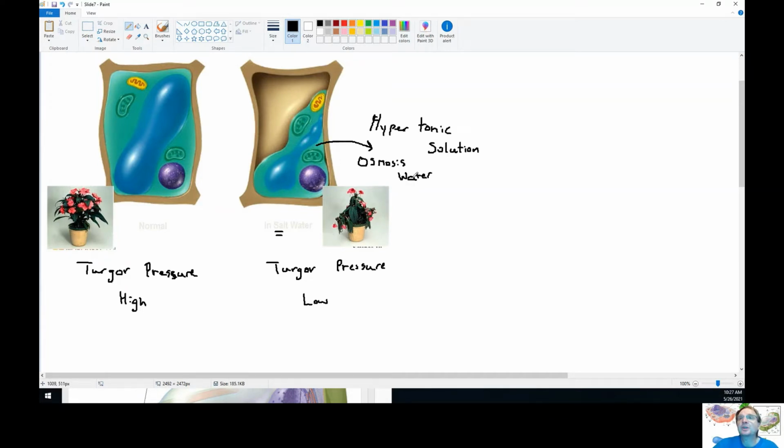The word osmo means water, so water movement. Another way that we refer to this, we call it the diffusion of water. If you think about it, open a perfume bottle, and the smell will be highly concentrated in one area, but eventually it diffuses all throughout a house or room.